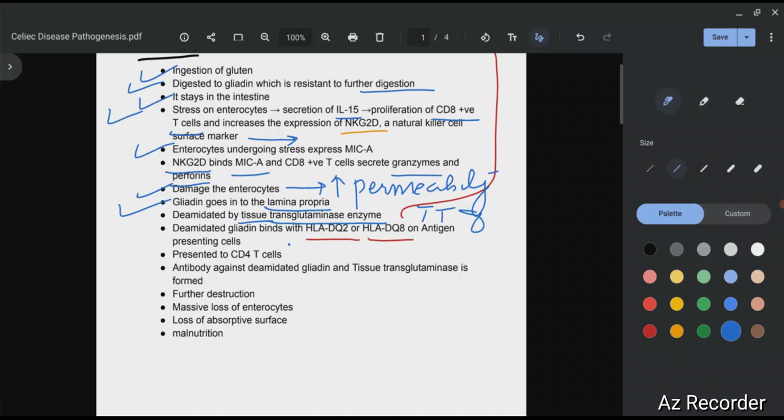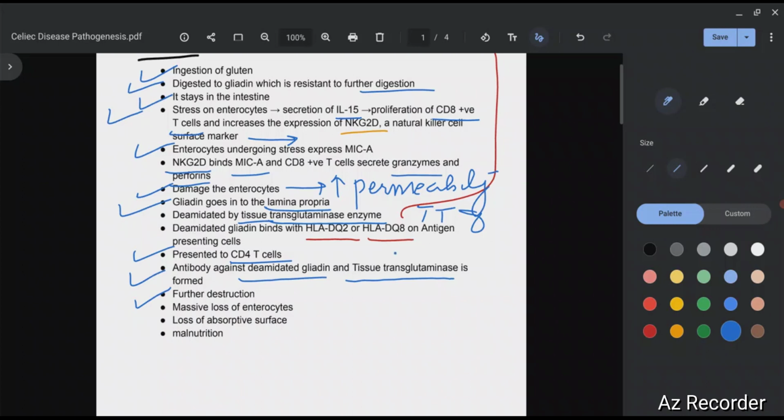So, HLA-DQ2 or 8 is not present in everybody. So, the people who have this on their antigen-presenting cells are susceptible to get celiac disease. Okay, now this deamidated gliadin is presented to CD8 positive T cells, and antibody is formed against deamidated gliadin and tissue transglutaminase, and this will cause further destruction to your enterocytes, to your intestine.